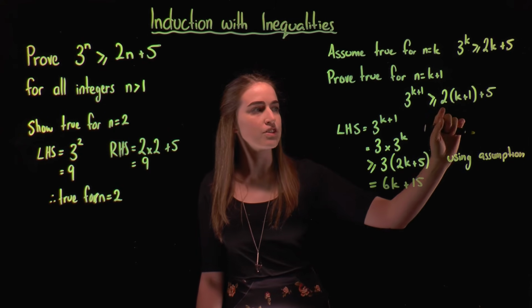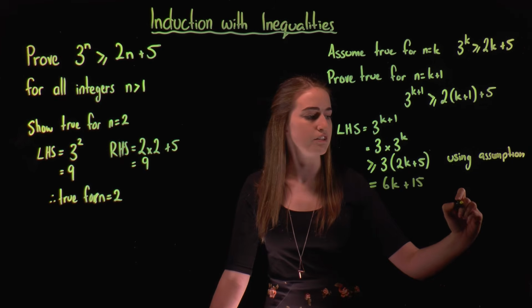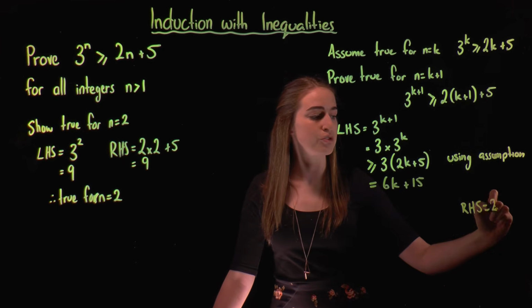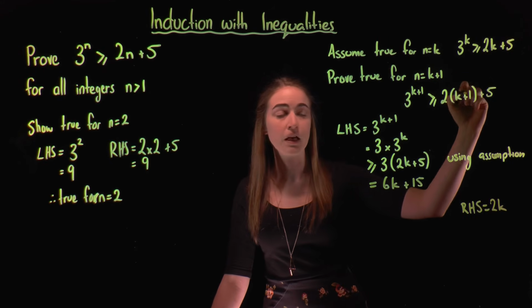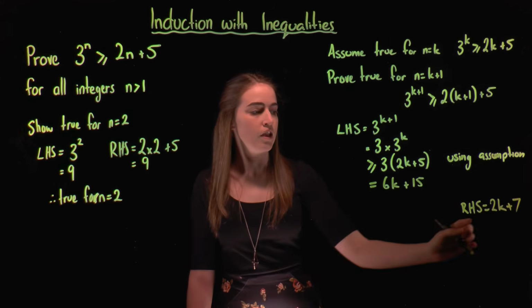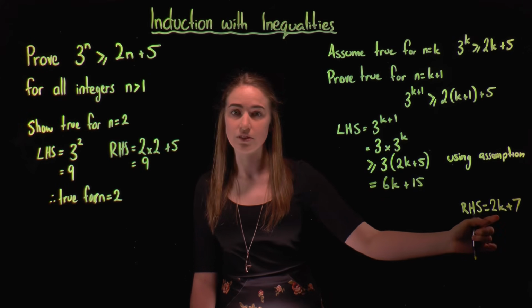And if we compare that to what we had up here, if I put my right-hand side over here and expand that out, I'd have 2k plus 2 and then plus 5, so I'd have 2k plus 7. So we want this term to be greater than this one.